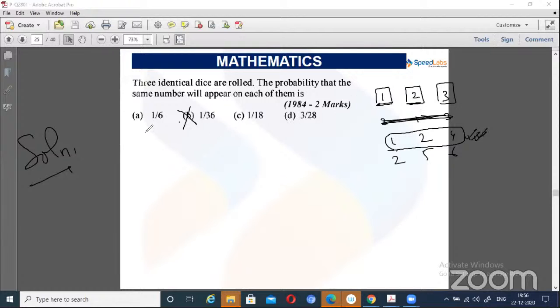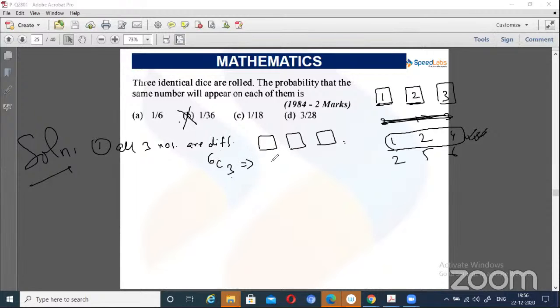So here we'll have three cases, I believe. One case is all three numbers are different. How will that happen? Three dice are identical and all three numbers are different. How many ways are possible here? It will be 6C3. Just choose three numbers from those 6 numbers.